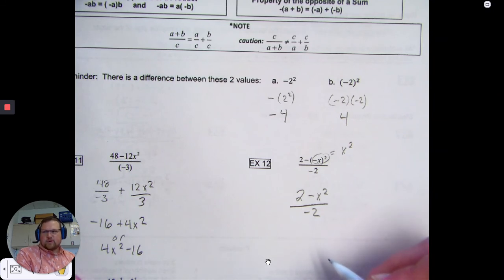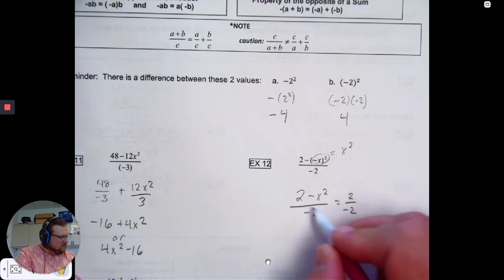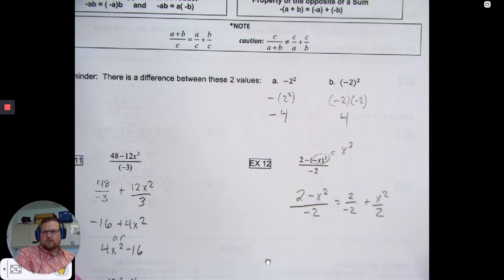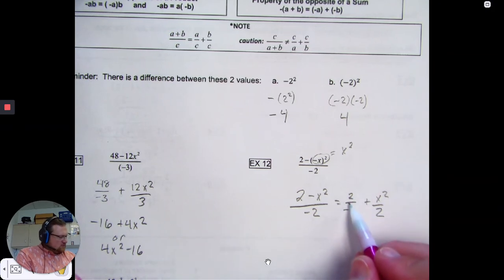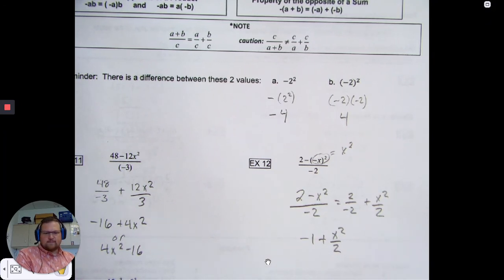At this point, we can rewrite it just like the last one, 2 over a negative 2. Now we have this minus and a negative, which are going to cancel each other out, and that just leaves us with plus x squared over 2. We can then do 2 divided by a negative 2 is a negative 1 plus x squared over 2, and we're all done. Well, with that problem, we still have 2 more examples to go over.